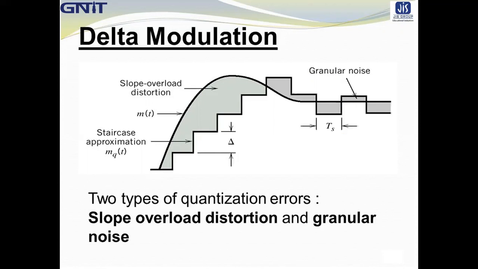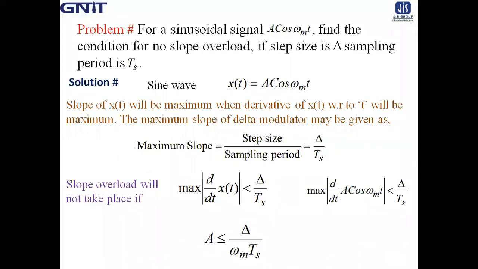Step size will be large when the slope of the input signal is high, and step size will be small when the slope of the input signal is low. So step size needs to be variable and it depends upon the slope of the input signal. That is why another modulation technique comes, which is called adaptive delta modulation.